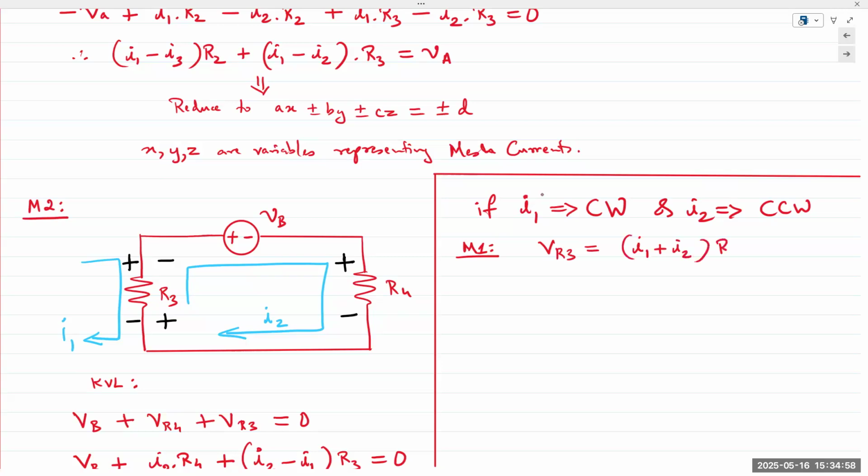I1 plus I2 times R3. And in mesh 2, VR3 would be minus I2 minus I1 times R3. And that's why it does not matter what you choose as the direction for your mesh currents. Because when you write equations for all the meshes, your equations will always balance out.